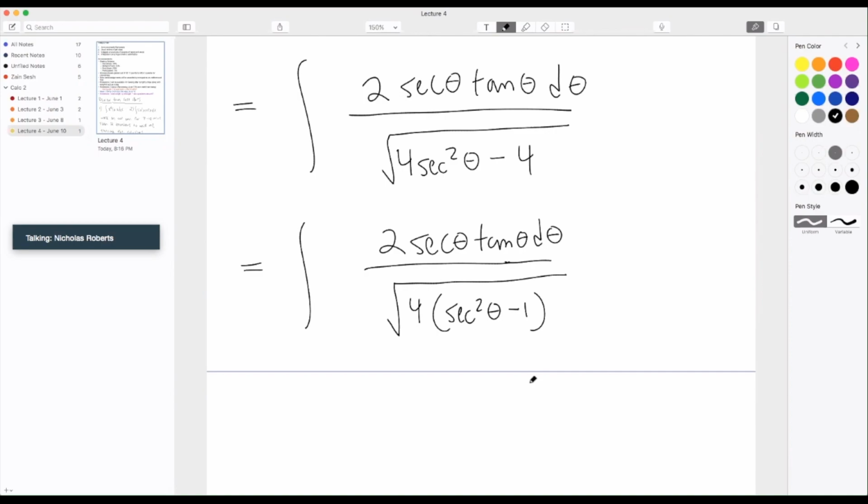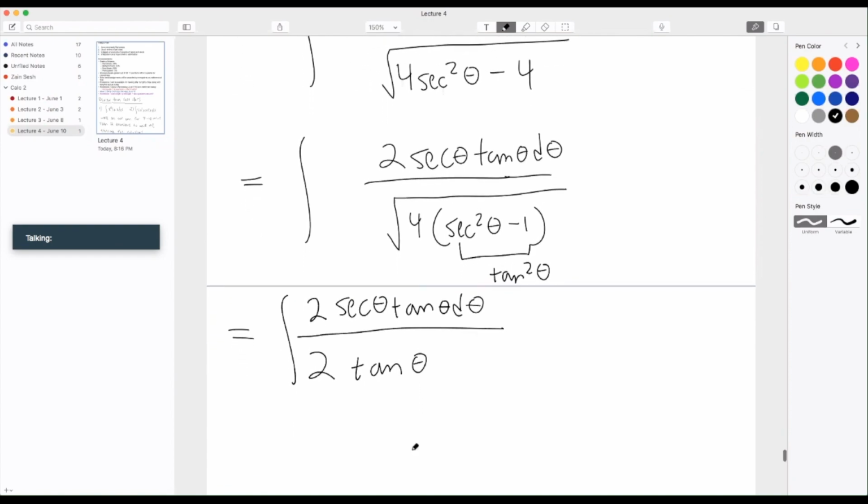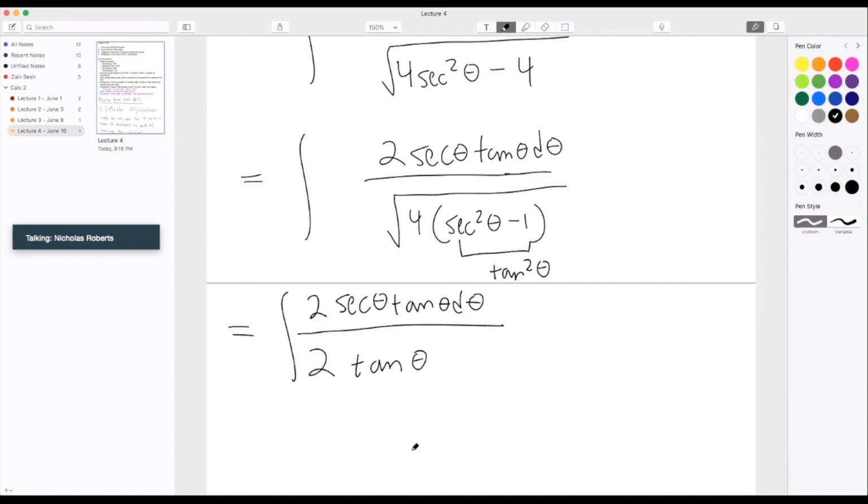I hope everyone agrees with me that a 2 will come out of that square root. Let's also note that secant squared minus 1 is tangent squared, and it's underneath a square root, thus you will just get tangent. I skipped a few steps in there, but I hope that's okay.